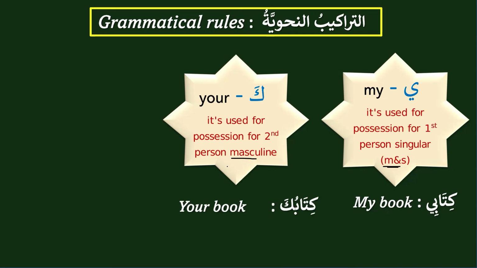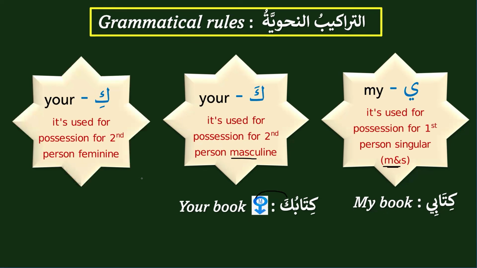So you say, for example, kitabuka, your book. Don't forget that it is used for singular masculine. And then we have ki, which is basically your. It's used for possession for second person feminine. For example, you say kitabuki, and as you can see, it is used for the feminine.